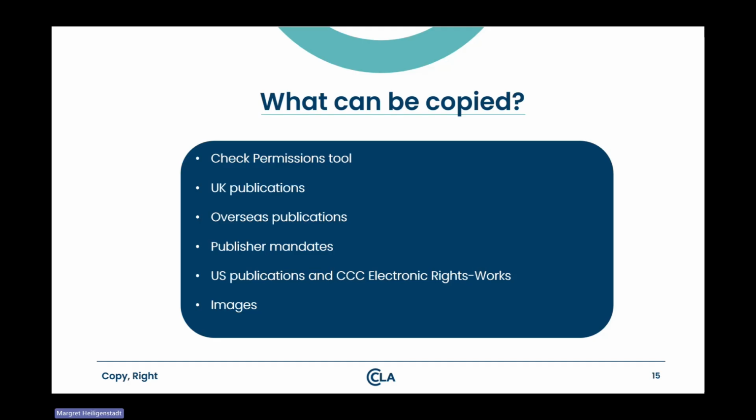So most UK publications are covered for photocopying and scanning, even if the publisher is not directly mandating its indemnity policy by the CLA license. So you should be fine there, unless, of course, the publisher has totally excluded their content and they don't want to participate in the CLA license provisions. There's a separate list, and also the check permissions tool will indicate whether something's excluded.